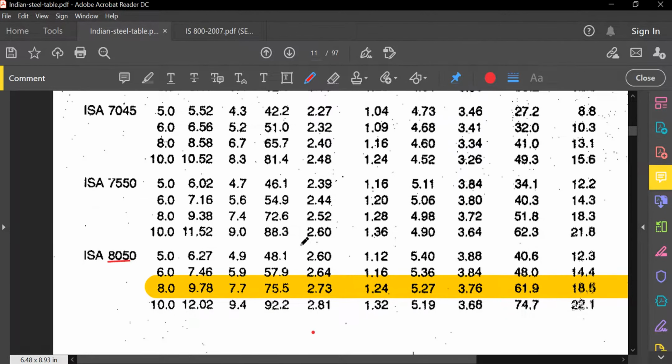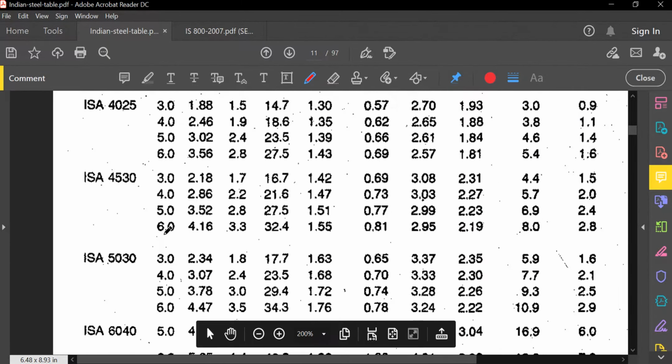That is, I can write this is CXX and this is CYY. So CXX means what?